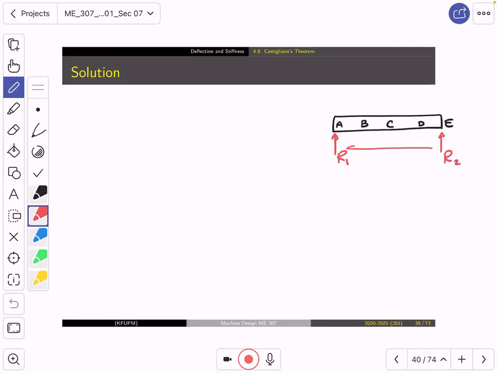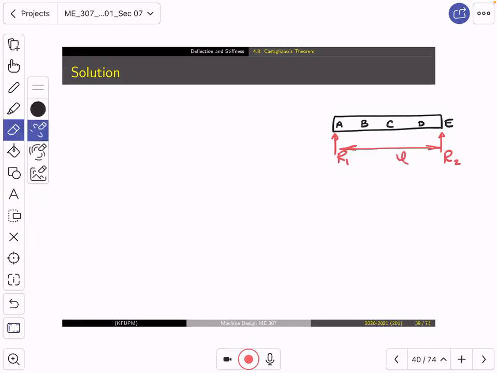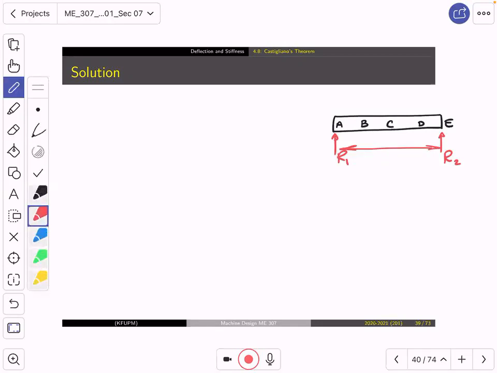The length in between is L. And what I know is that there are forces, force P at a distance equal to a, and another force P at a distance equal to a, and then finally I have Q. That's a complete free body diagram.